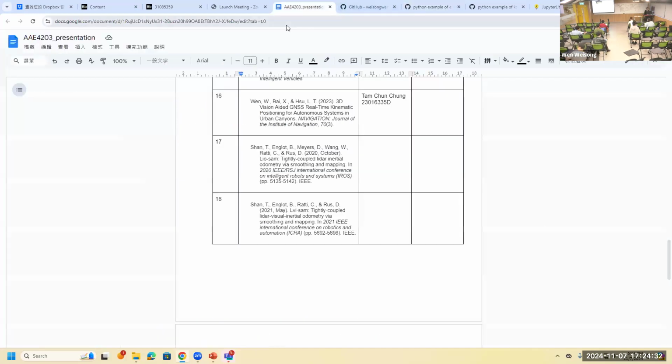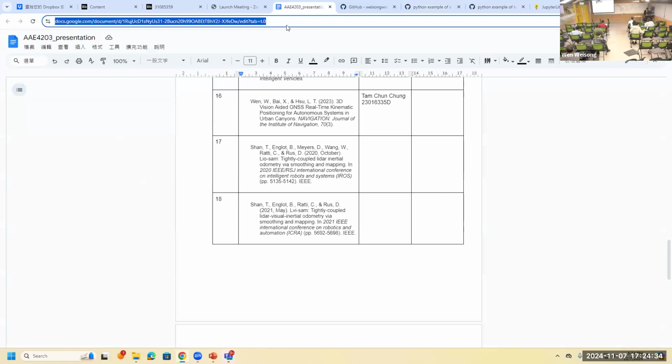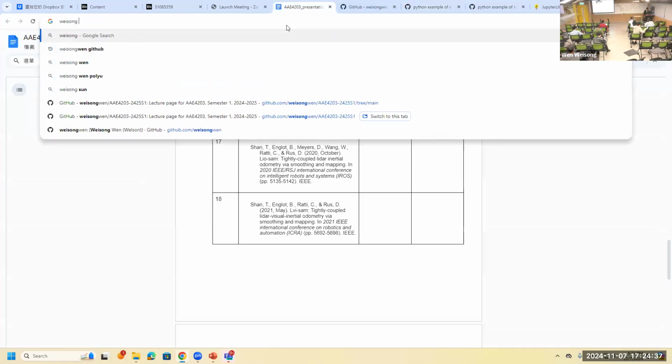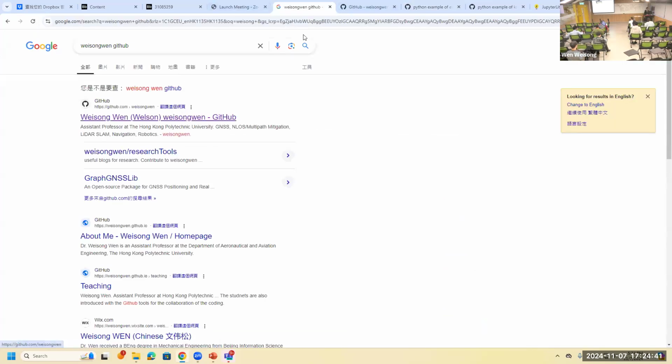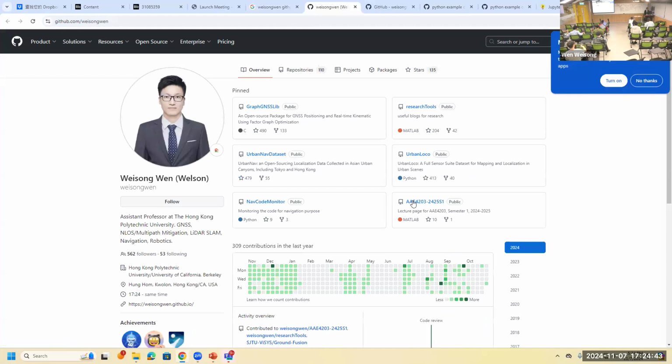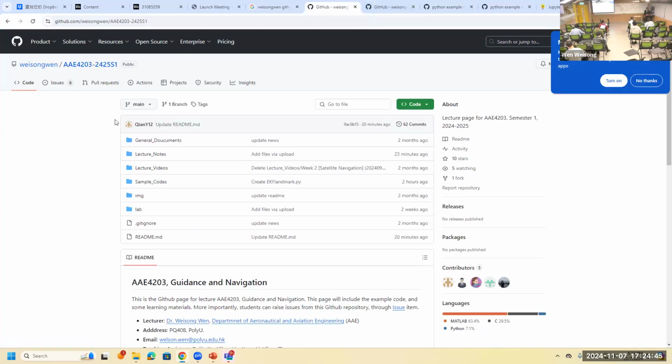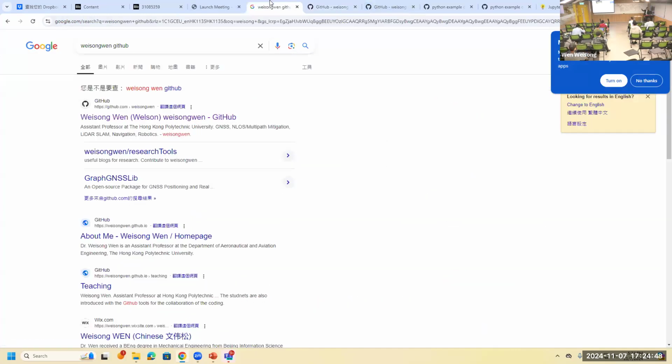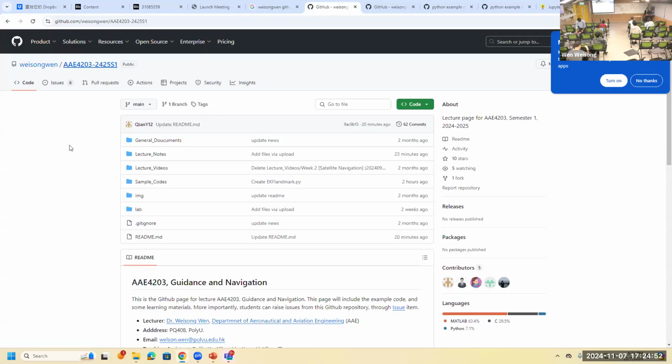If you cannot find it, you can just search Wison1 GitHub. You can find my GitHub page and open this repository. Take your time. Have you found this repository?